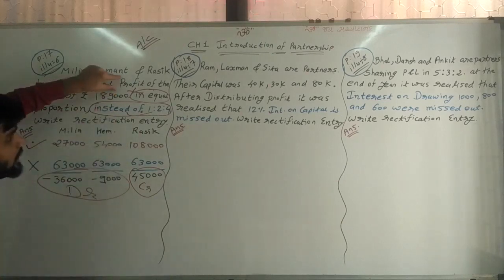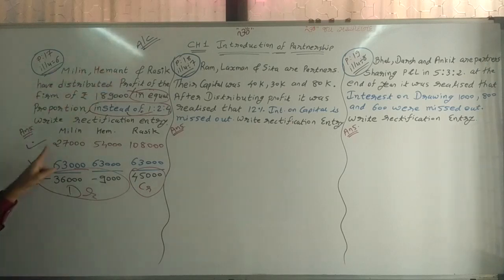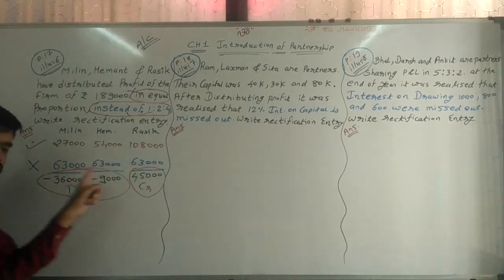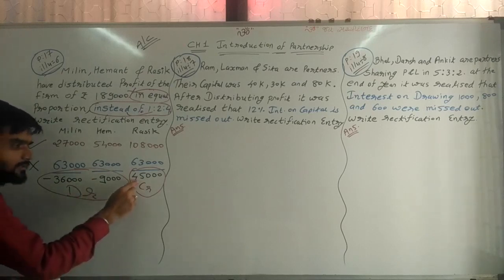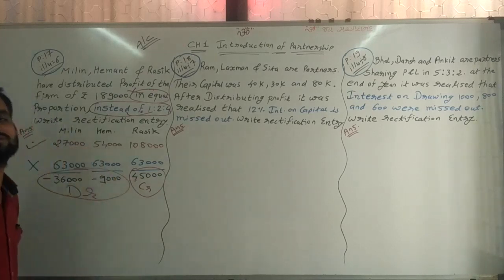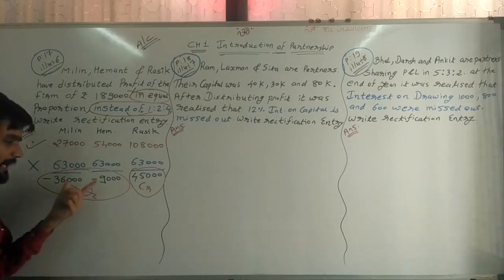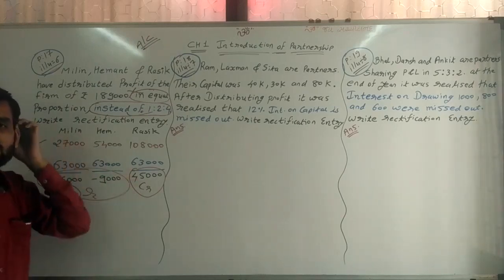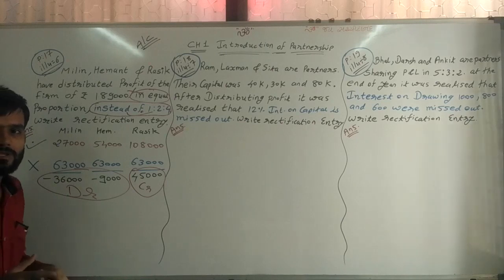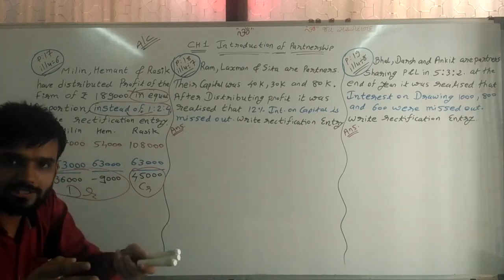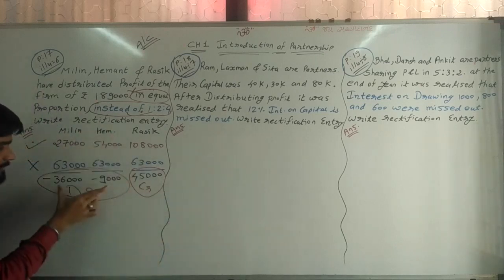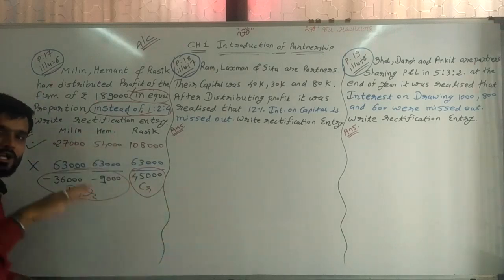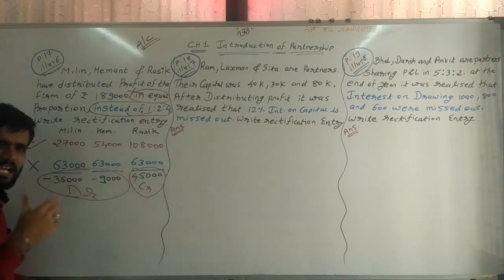If here loss is given, then write correct distribution, wrong distribution, minus credit plus debit. Then we are doing minus credit and plus debit, because loss is the opposite of profit. So in profit situation minus debit, so in loss situation minus credited.